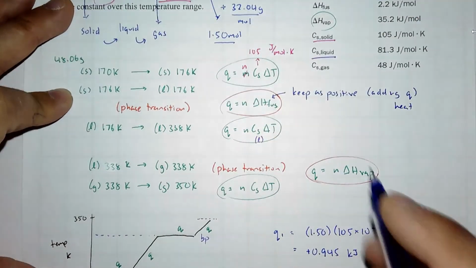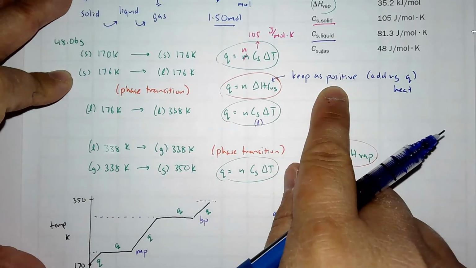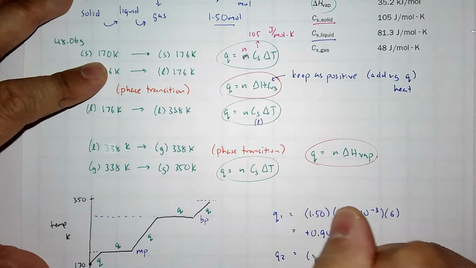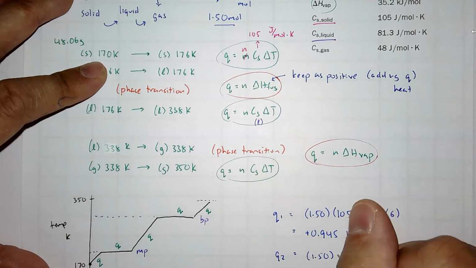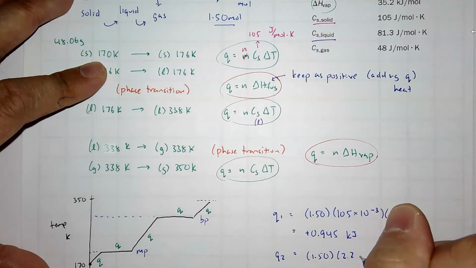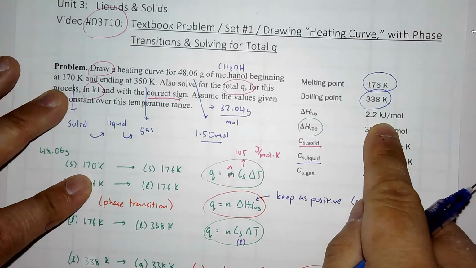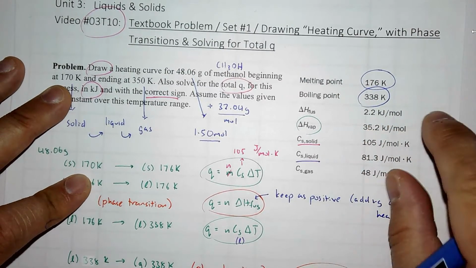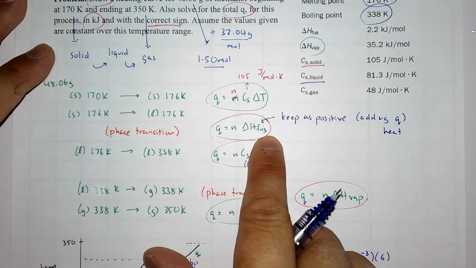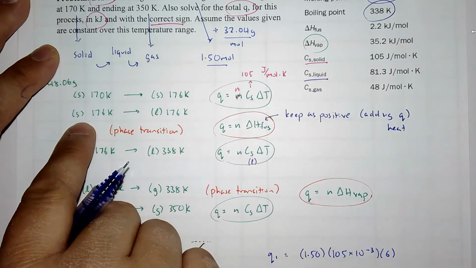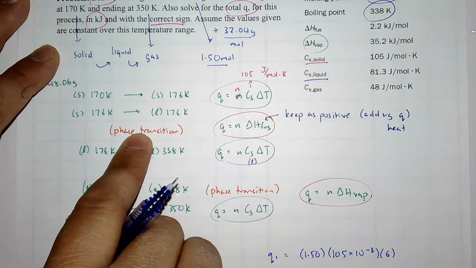But we're keeping it positive because here we're adding heat. Q2 equals 1.50 times 2.2, and it is in kilojoules already. It is per mole. There's no temperature. That reminds me that I don't use delta T. I use this where the temperature is constant during the phase transitions.